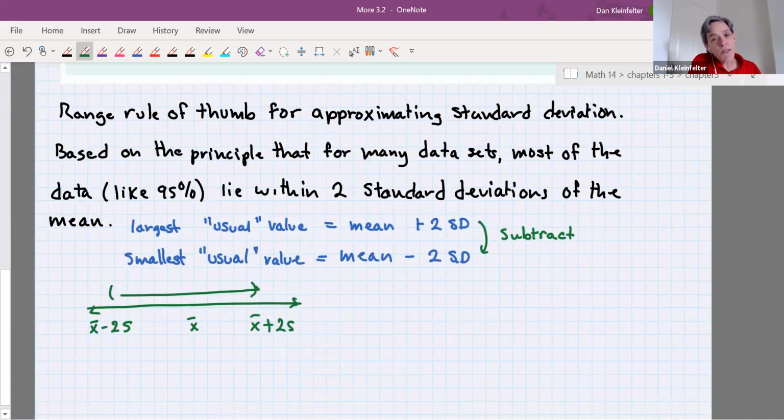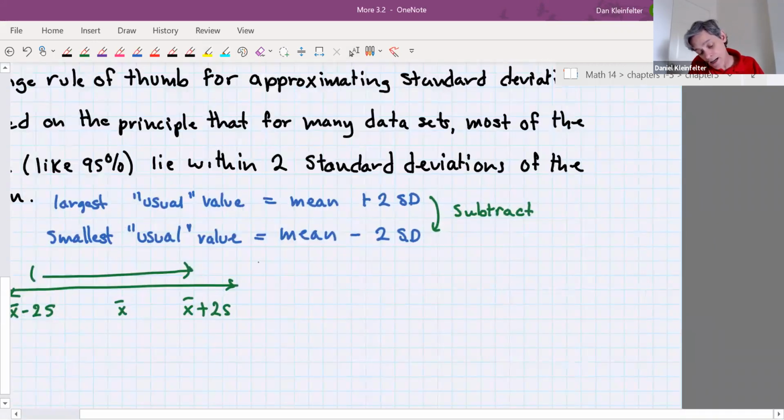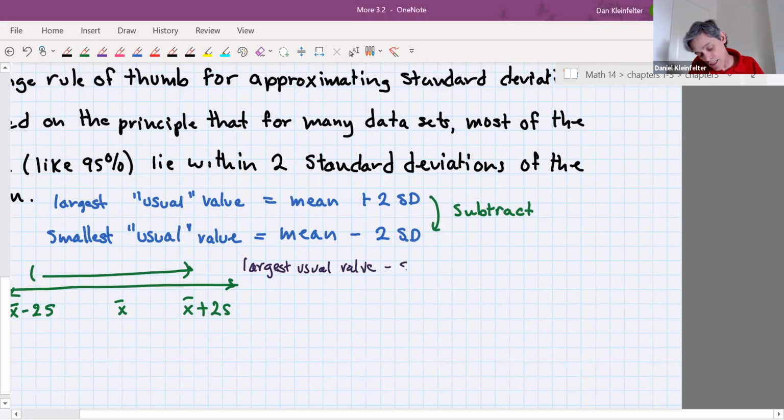Then if we were to subtract the two equations from one another, as is commonly done in algebra class, the largest usual value minus the smallest usual value is going to equal the mean plus two standard deviations minus the mean minus two standard deviations.